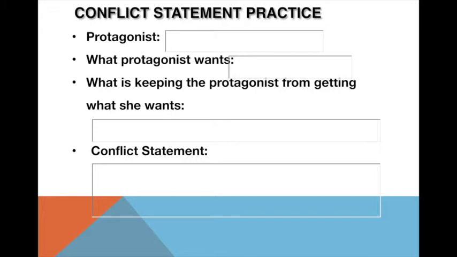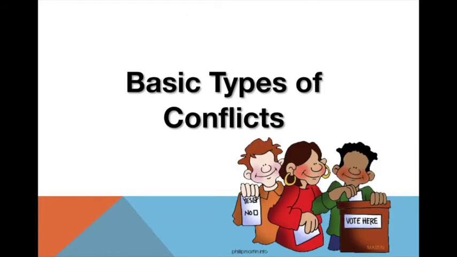Something is not allowing him from getting what Frodo wants, and that's basically evil forces. So Saruman, they're preventing him from getting to Mount Doom. So the conflict statement is therefore, Frodo wants to destroy the ring, but evil forces are preventing him from doing that.